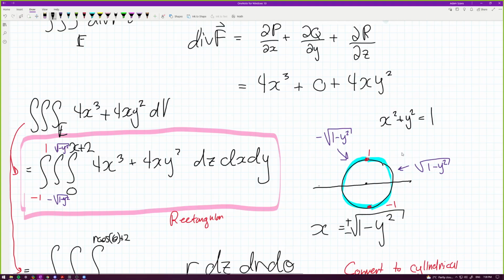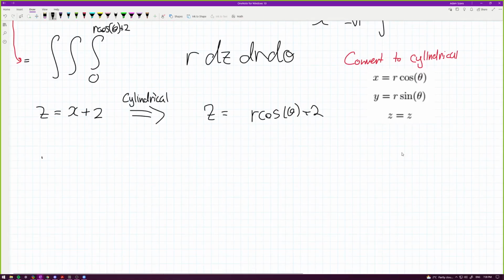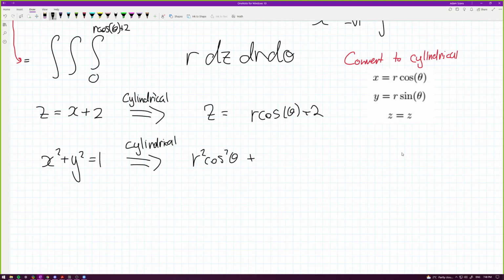Remember, if I convert x squared plus y squared equals 1 into cylindrical, let's see what we get. I'm sure you already know: r squared cos squared theta plus r squared sine squared theta equals 1.